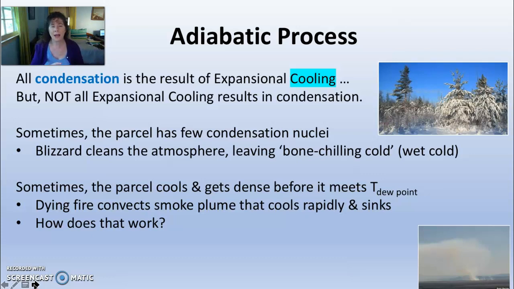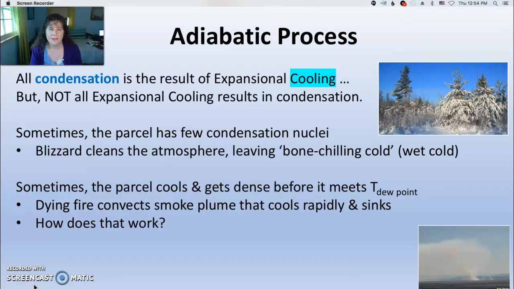So that's a time where you can have really bone-chilling wet cold, but you don't have clouds because you don't have enough condensation nuclei. Sometimes you can go the other way, and you can have so much condensation nuclei that you can't drop the temperature down to the dew point before the parcel gets so dense that it starts to sink. And that's what happens with the smoke plume that you're seeing over here.